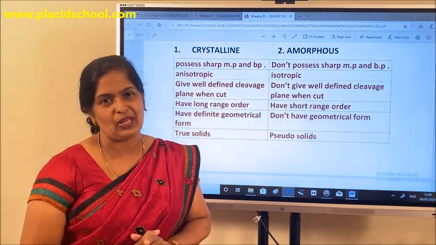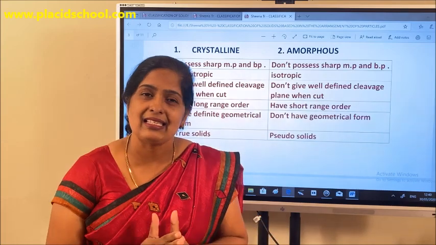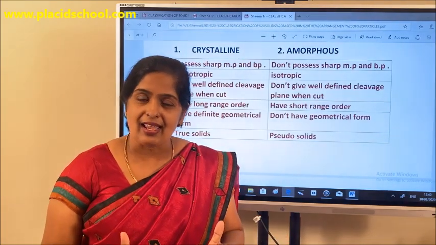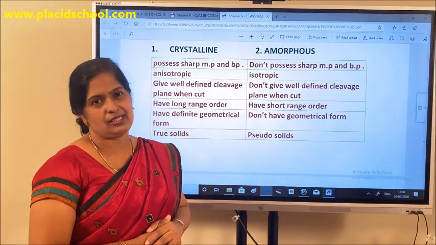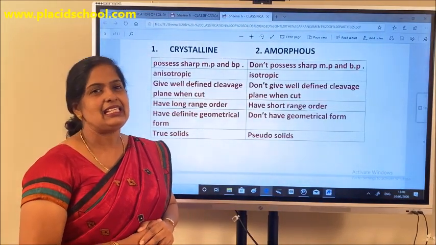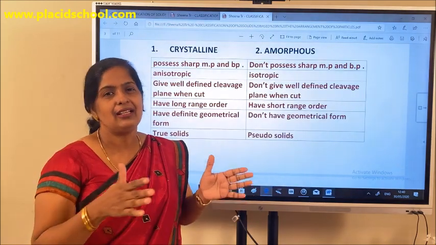So let me repeat once again. Based on the arrangement of particles seen in a solid, solids are classified into crystalline and amorphous solids. Now we will see each point how crystalline and amorphous solids differ from each other.